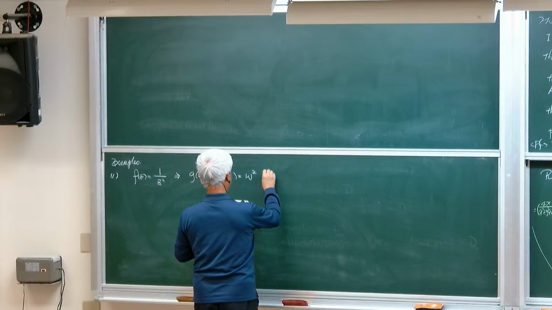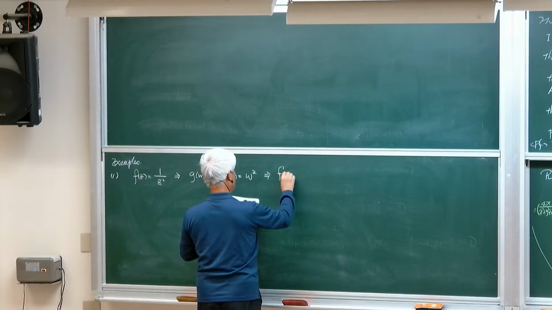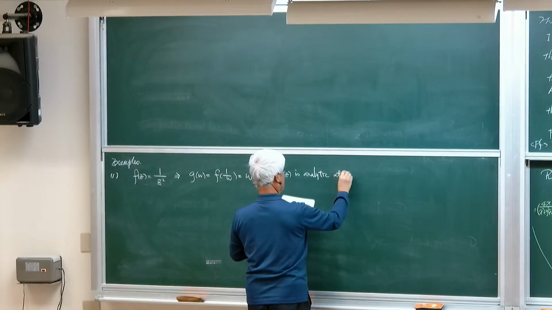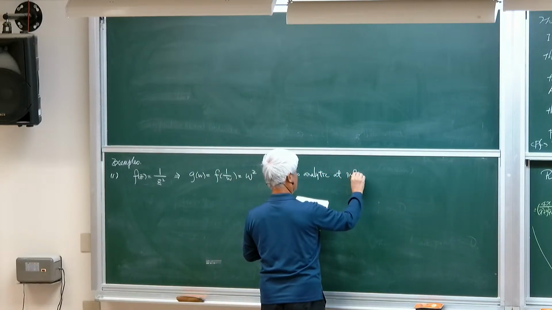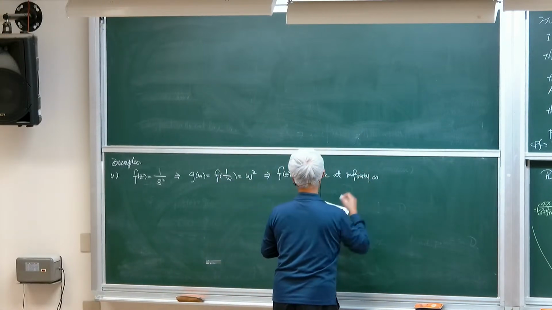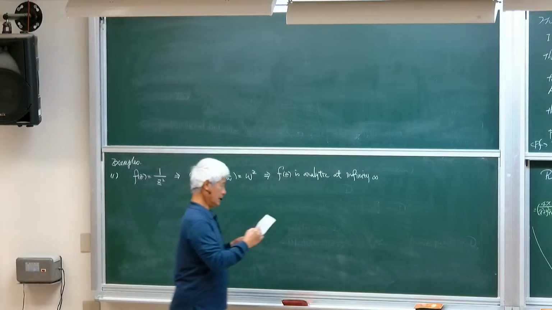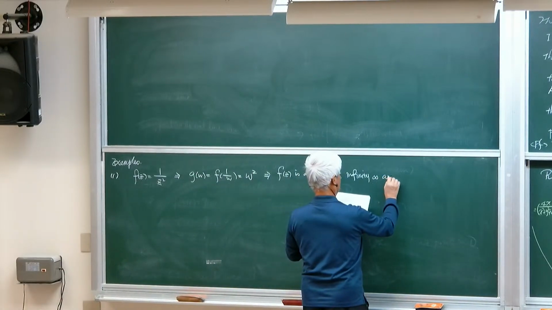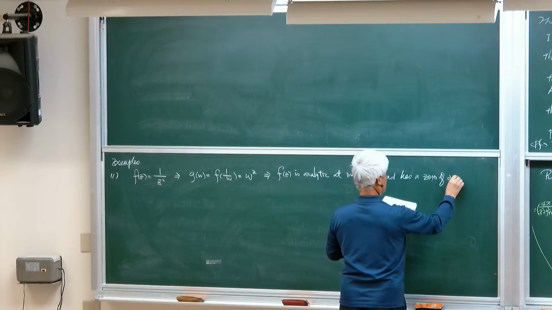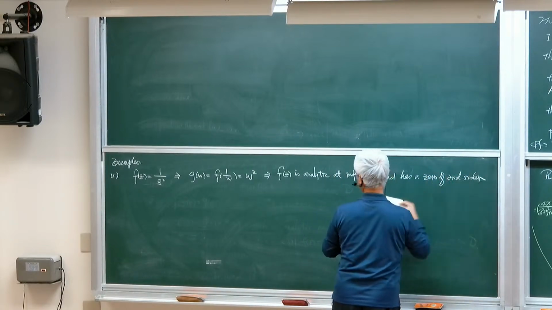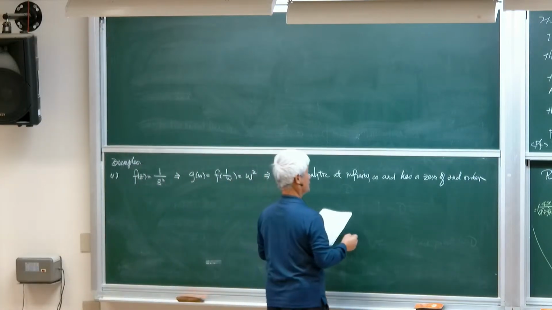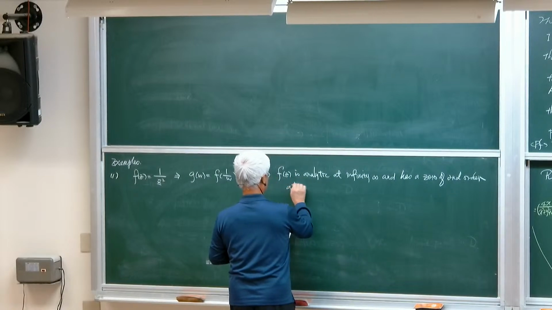So this implies that f of z is analytic at infinity. It's analytic and has a zero of second order at infinity, because here it is w square.